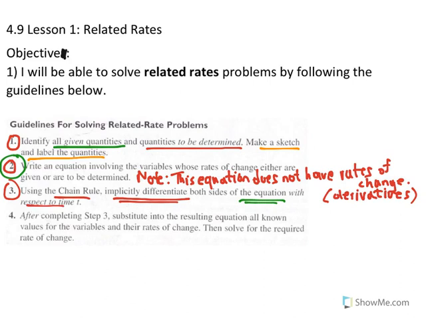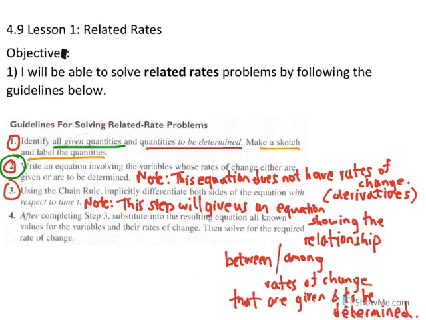And when we do that, we will have what we call a related rates equation. So it is in this step that we will get an equation showing the relationship between, if we have two rates of change, or among, if we have more than two rates of change, rates of change that are given or to be determined.